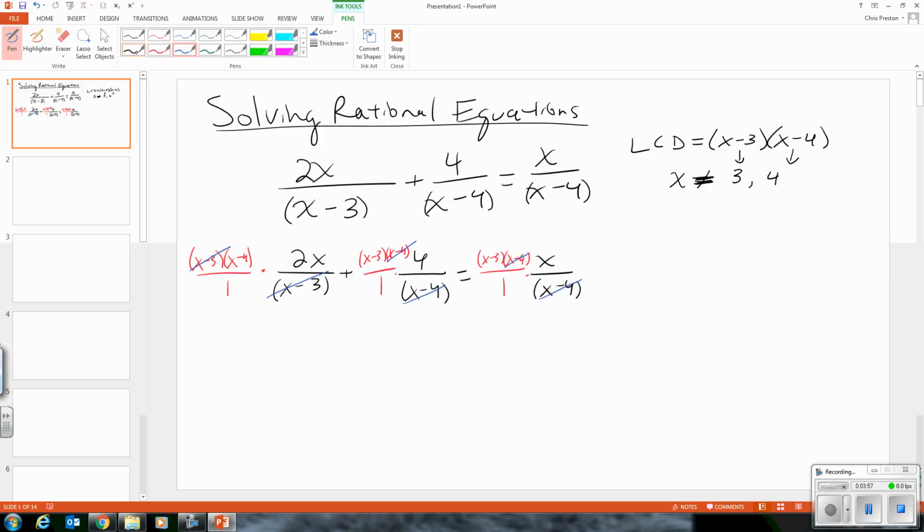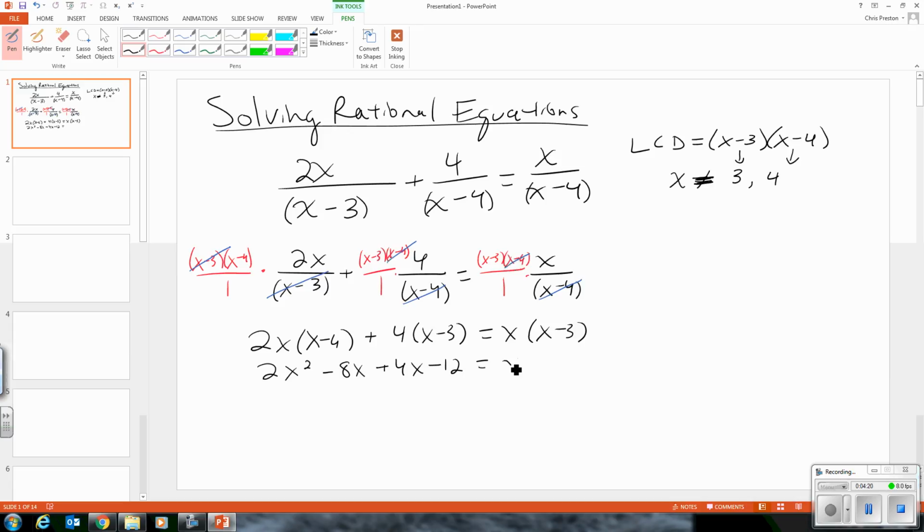So let's see what we get. We get 2x times x minus 4, plus 4 times x minus 3, equals x times x minus 3. Now we work this out: 2x squared minus 8x plus 4x minus 12 equals x squared minus 3x.